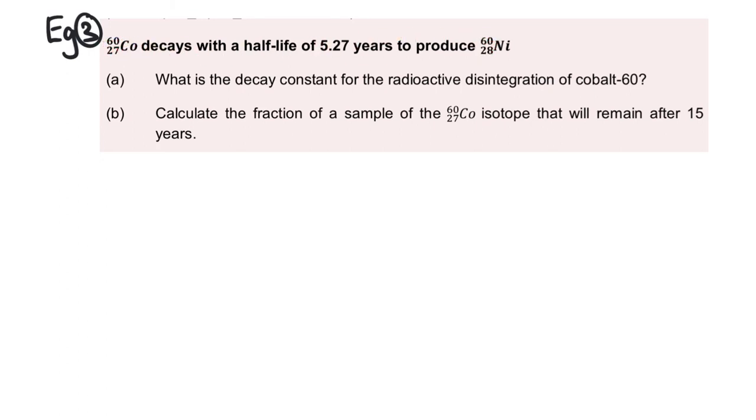So what type of decay is this? It wouldn't be alpha decay, because with alpha decay, the helium nucleus takes with it 2 protons and 2 neutrons. So the proton number would decrease by 2 from 27 to 25, and the nucleon number would go from 60 to 56. So this is definitely not that.